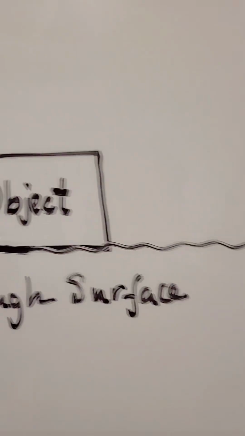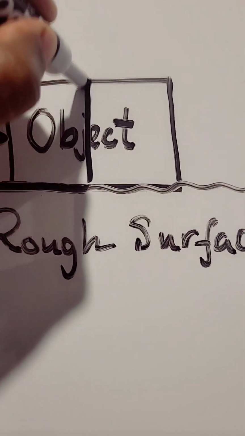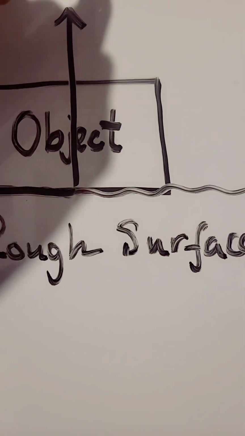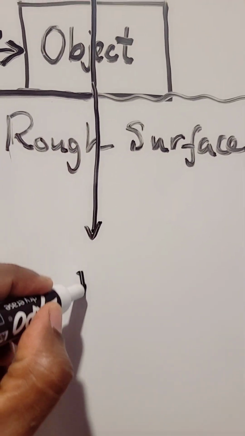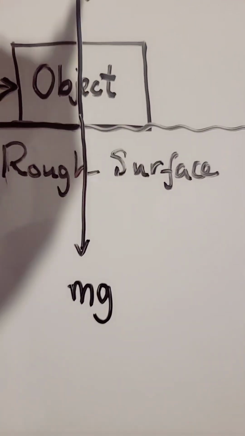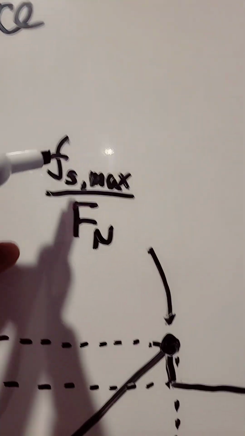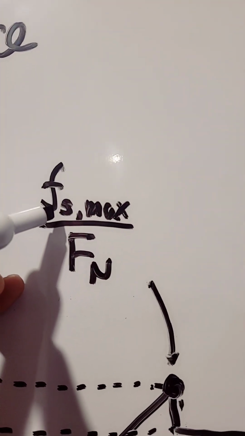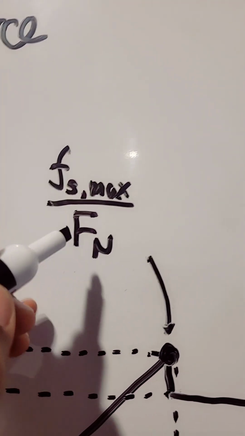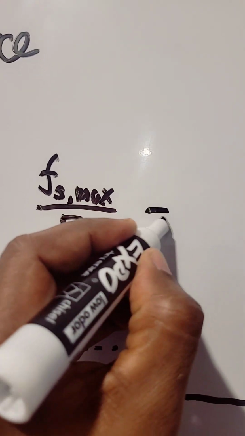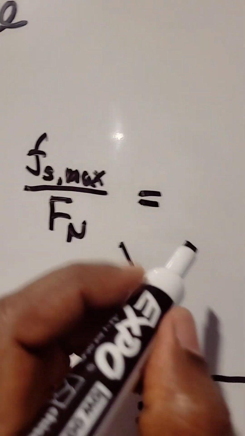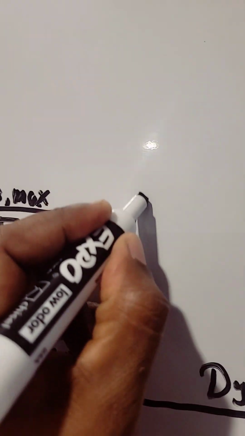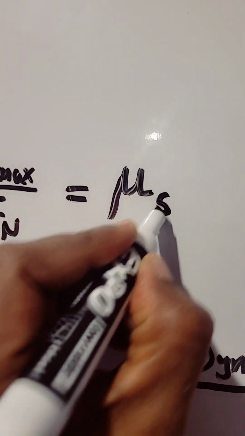Okay, so as I told you here, there's a normal force, right? There's going to be a normal force F of n, and then you'll have the weight acting vertically down, mg. Okay, so this ratio, the maximum value of the static friction force to the normal force, that's a constant for that surface, that interface. And this is what we call the coefficient of static friction.